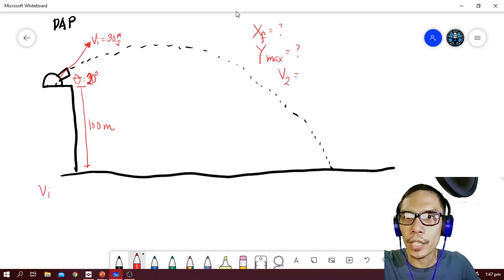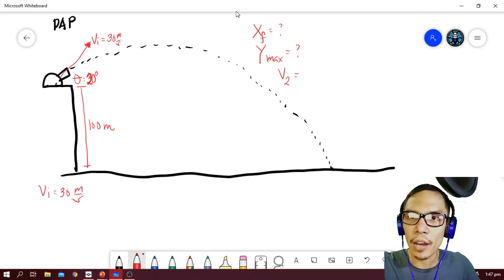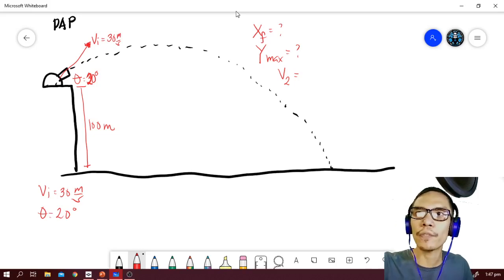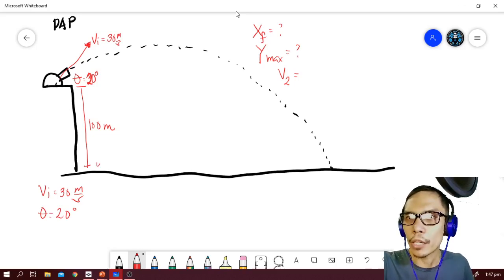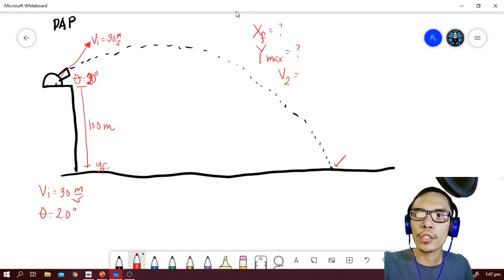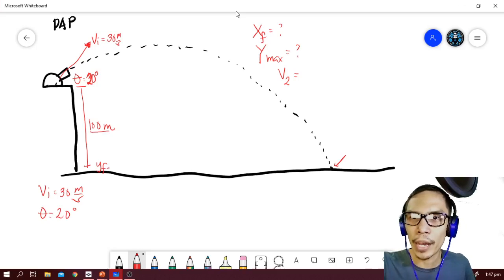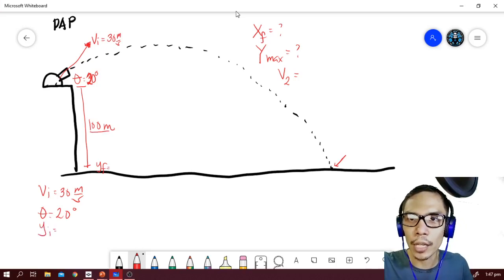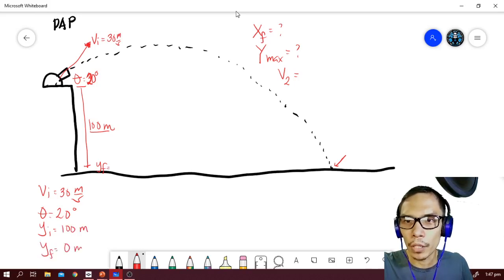We have V sub i, that is 30 meters per second. We have the angle, which is 20 degrees. And the height of the cliff: since Y F is the final height where the object falls down here, this one will be your Y I, or Y initial, that is 100 meters, and Y F will be 0 meters.